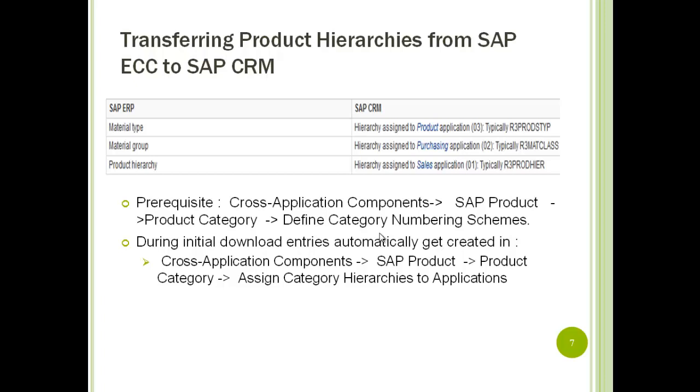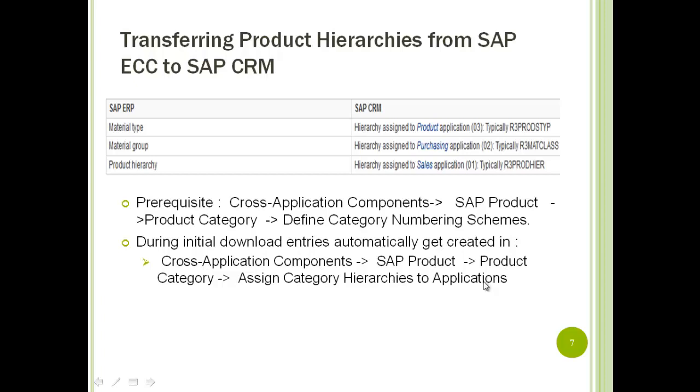Now, the hierarchy to which the data is mapped is determined automatically during the initial load when the hierarchies are created and assigned. So, you do not generally have to make any entries manually in this assigned category hierarchy to applications, which you have also seen, like cross application component, SAP product category, and assigned category hierarchy to application.